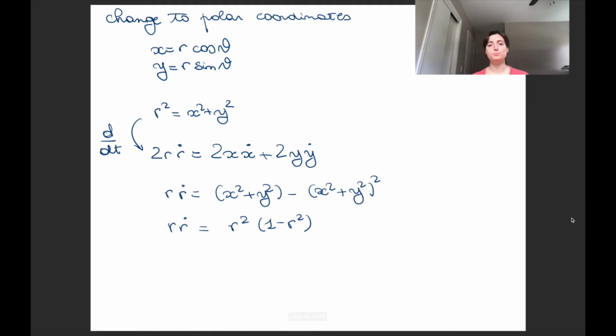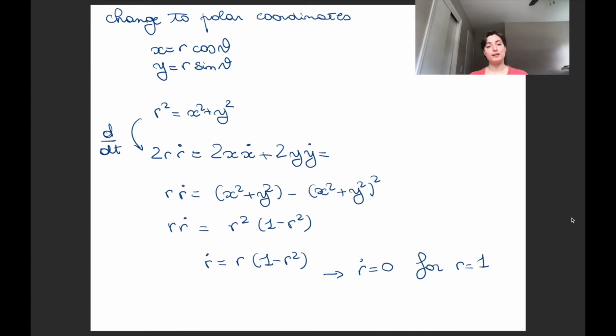We forget the 2, but we know x dot and we know y dot, so we can just plug this information in, and we retrieve that r dot is equal to x squared plus y squared minus x squared plus y squared, all of it squared. We do some changes around and we retrieve r dot equals r times 1 minus r squared. We simplify for r because we know r is always positive.